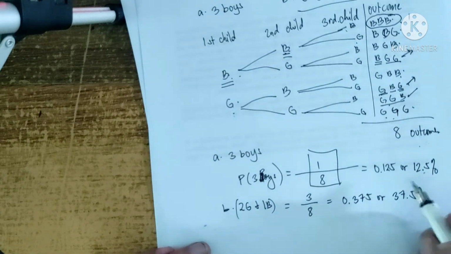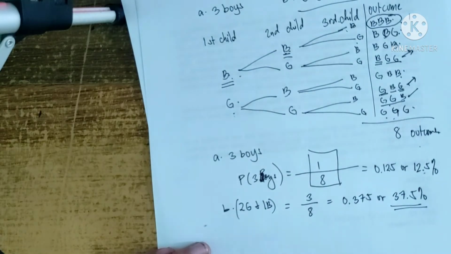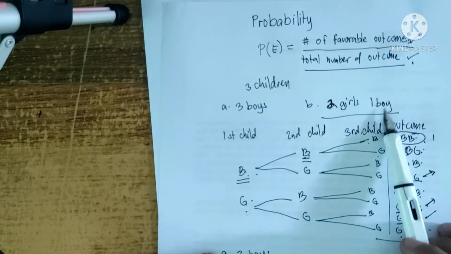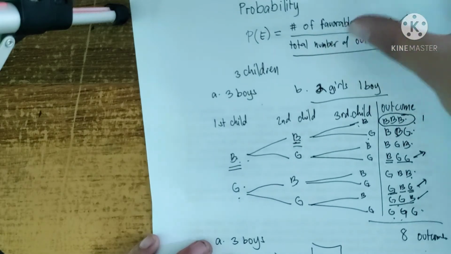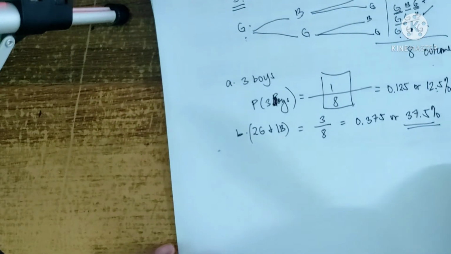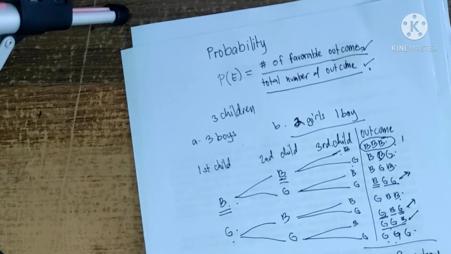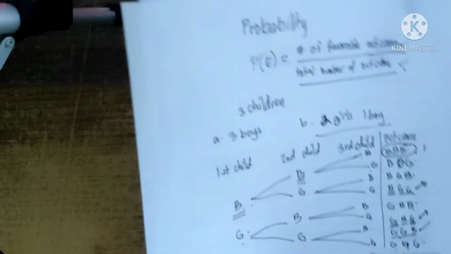Yan lang yung percentage na makakuha ka ng 2 girls and 1 boy sa tatlong children sa isang pamilya. Okay? So, that is how you find the probability of a certain event using the formula. Probability is equal to number of favorable outcome divided by the total number of outcomes.